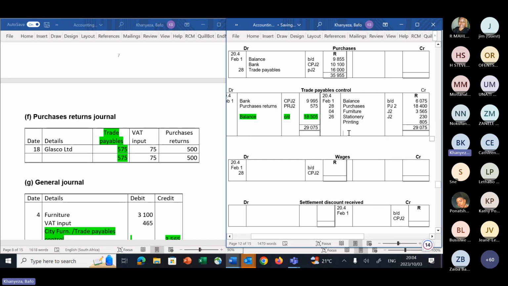So how much is the balance brought down, which we take to the trial balance?